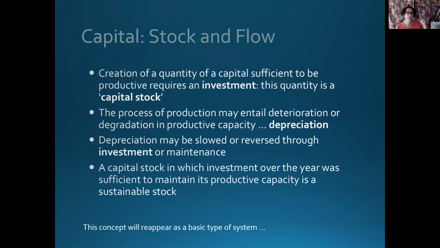The depreciation might be slowed or reversed through investment and maintenance. In the sense of an ecological stock, you would invest in making sure that the ecological capacity was not affected by pollution. So here comes the definition: a capital stock in which investment over the year was sufficient to maintain the productive capacity is a sustainable stock.